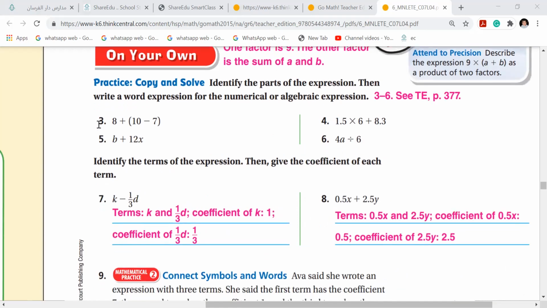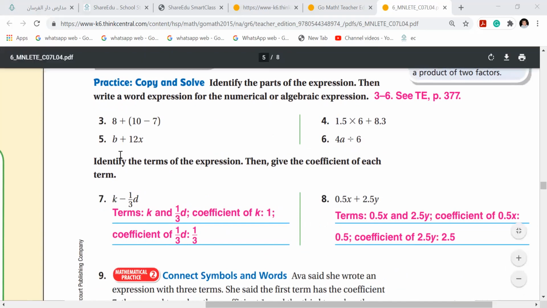This one you can do later, 3, 4, 5, and 6 in the copybook. Just orally we will see. And 7, you will know that these are expressions of difference. They said give the coefficient of each term. K and 1/3 D, these are the terms. What are the coefficients?